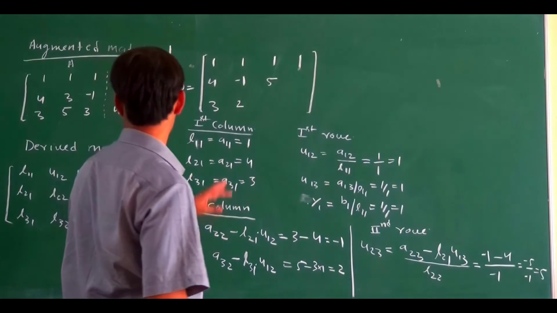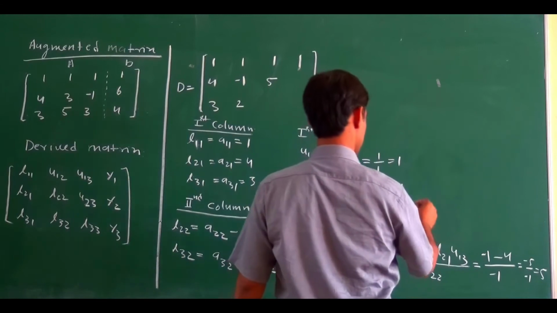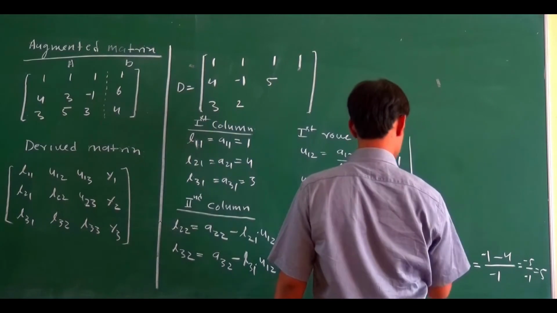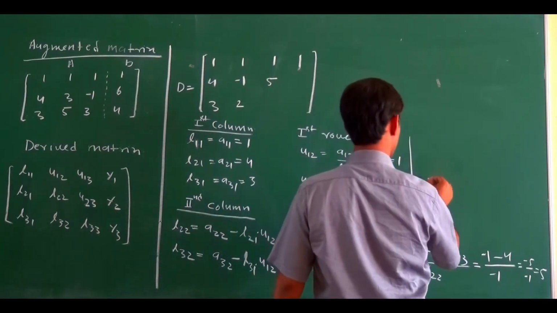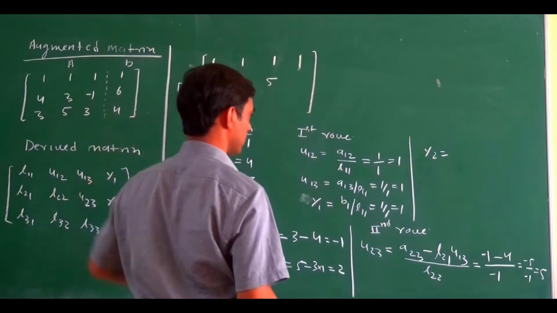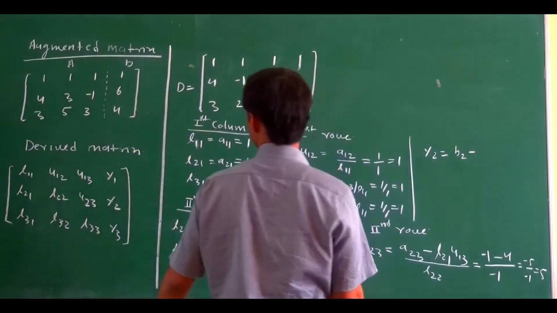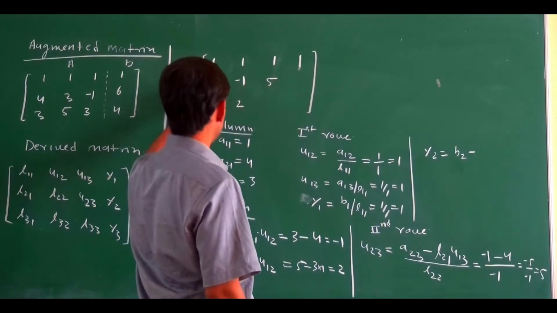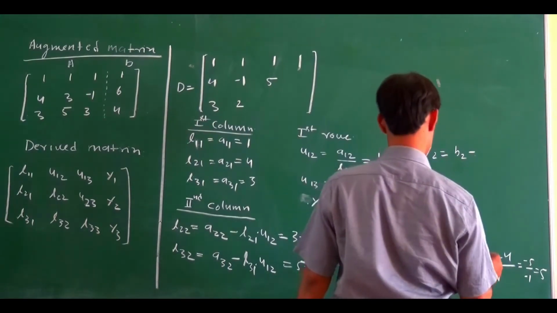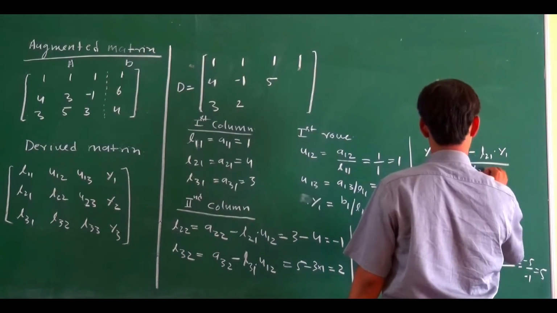Now similarly, what is the value of Y2? Y2 equals the corresponding value here, which is 6, that is V2, minus L21 into Y1, divided by L22.